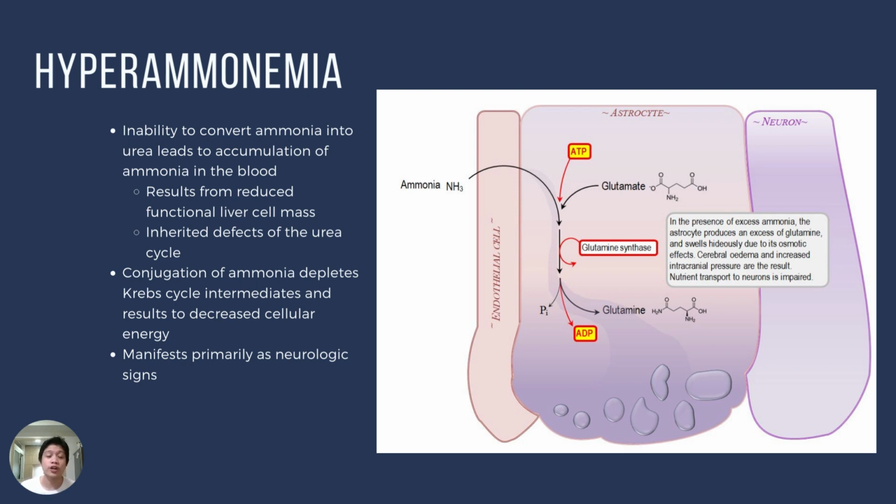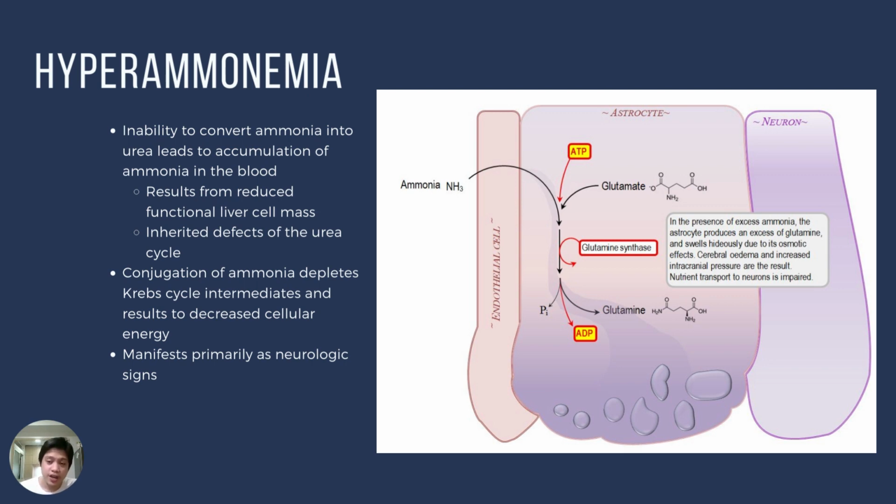Also, there are genetic defects or inherited defects in the urea cycle. The urea cycle is how urea is formed from ammonia, which we will discuss in later lessons. There are certain individuals with genetic lesions that preclude them from performing the urea cycle, and therefore they cannot form urea, and therefore in these individuals ammonia will accumulate.